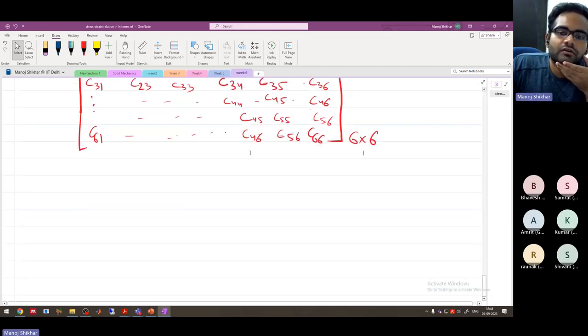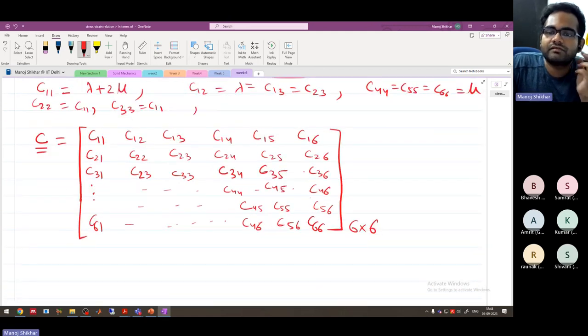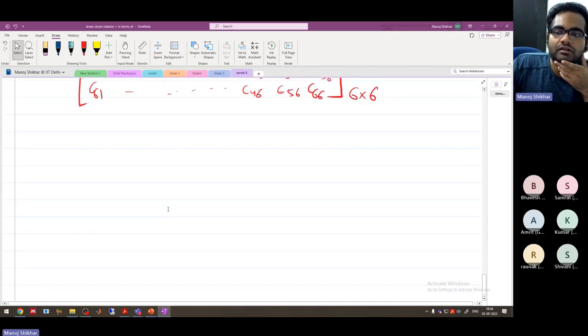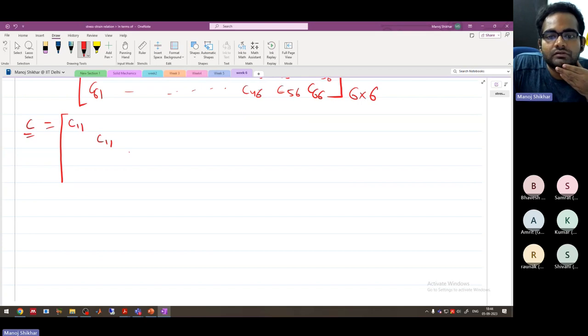Now for isotropic material, we can plug these values and all other Cijs will be 0. So for isotropic material, our matrix will look like this. C11, C11, C11. This is C12, C12, C12.